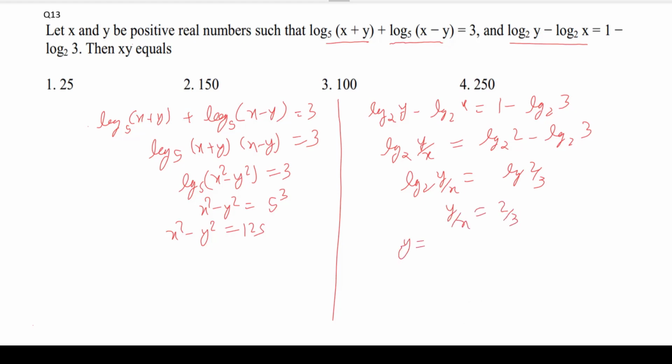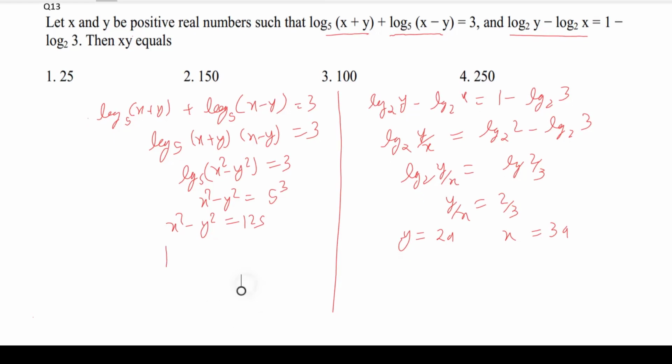Now y we can take as 2a, and x we can take as 3a. On putting the value of x and y here, we will get 9a square minus 4a square equals to 125, and this will give us the value of 5a square equals to 125.